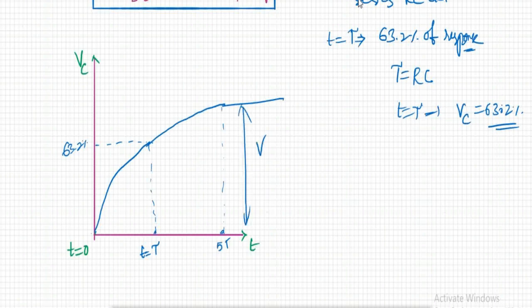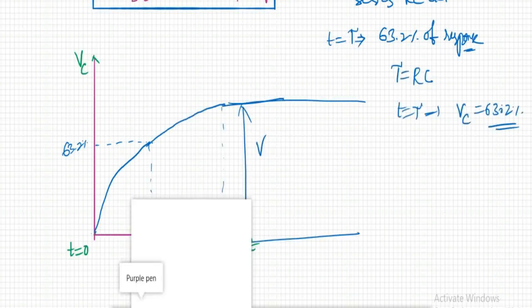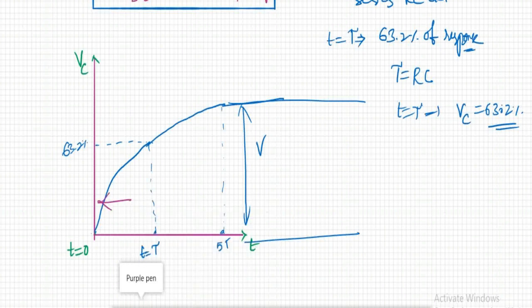This magnitude will be the source voltage V. This will be the steady state value. Before these 5 time constants, the response was the transient response. After 5 time constants, the response reaches steady state, and the voltage across the capacitor will be the voltage of the voltage source, and the capacitor will act as an open circuit in the series RC circuit.